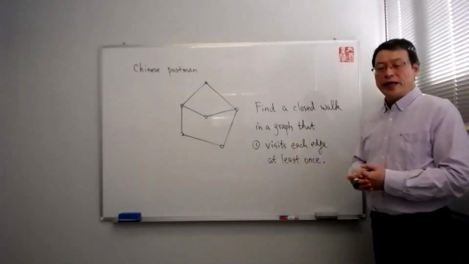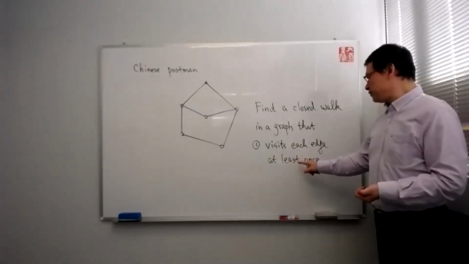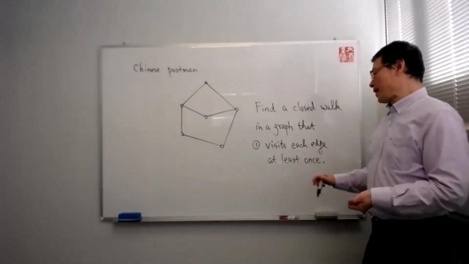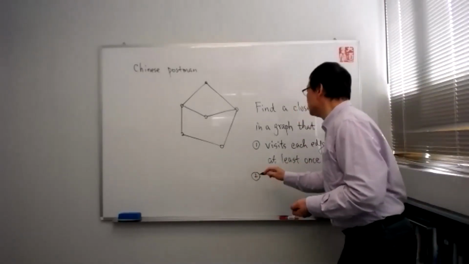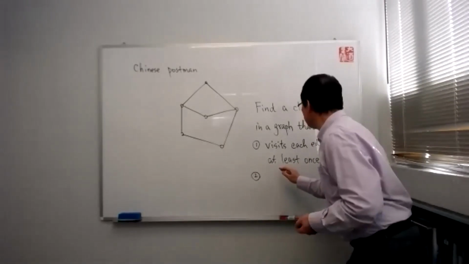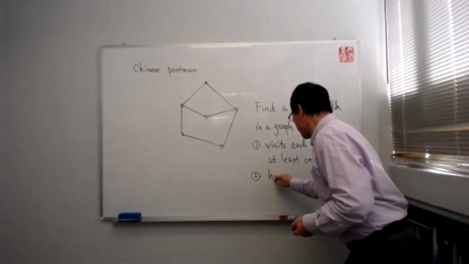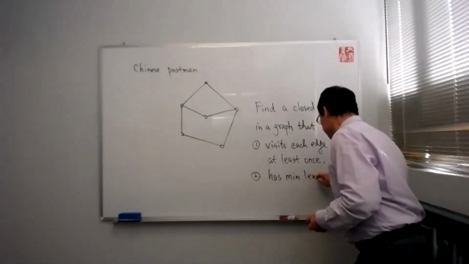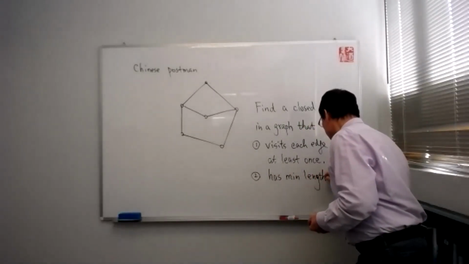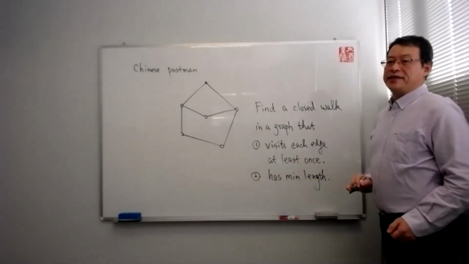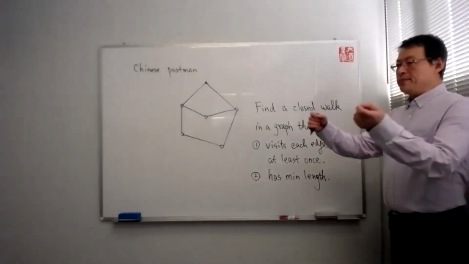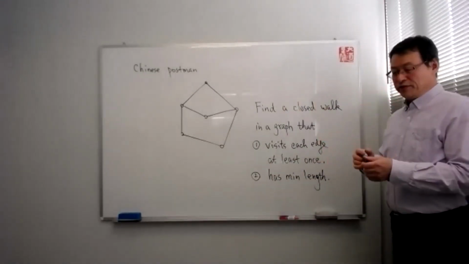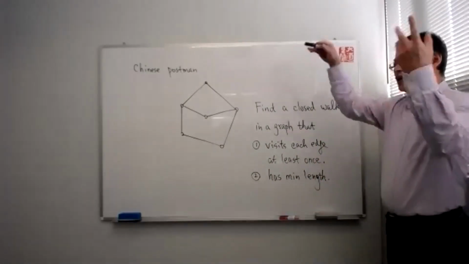Namely, when the graph is not Eulerian, we cannot do it, so we have to visit each edge at least once. Secondly, the walk must have minimum length. We want to minimize the length. Otherwise it's very easy. If we don't care about length, of course you can just walk on.